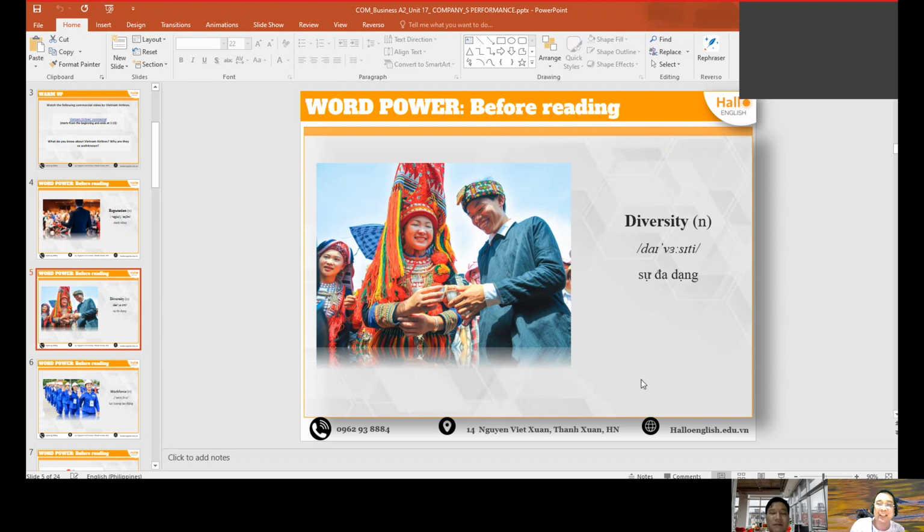Let's say, for example, look at this. Is this a Thai national costume? No, I think it's not. Okay. But of course, if you're talking about diversity, there would be a lot of styles.